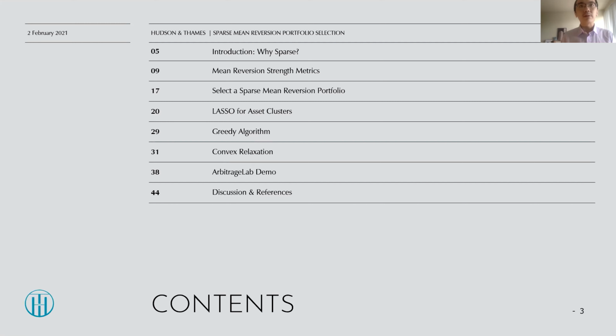And I'm going to talk about several methods on how to select the sparse mean reversion portfolio. Basically, there are three ways. First, you can use lasso to cluster the assets, so you can have a smaller investing universe to select from.